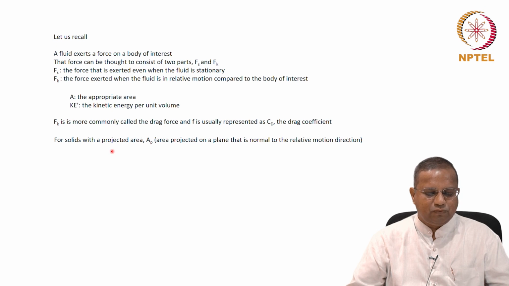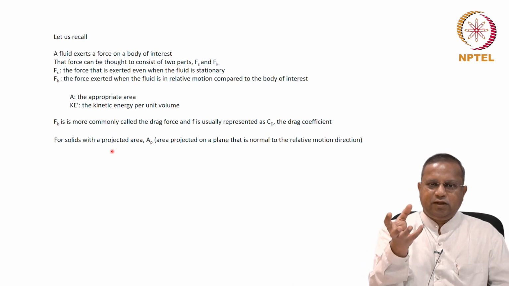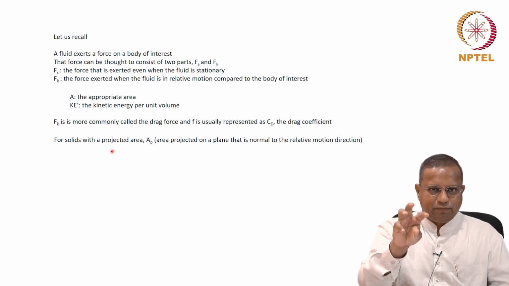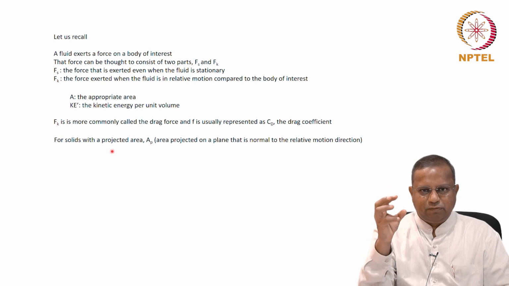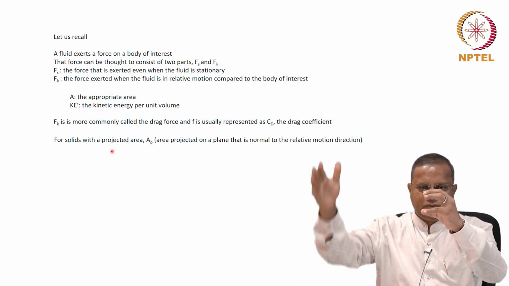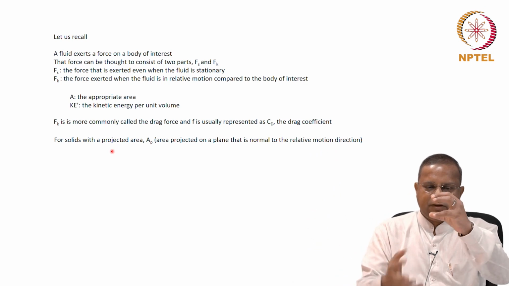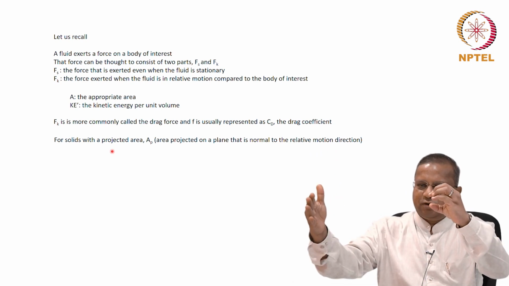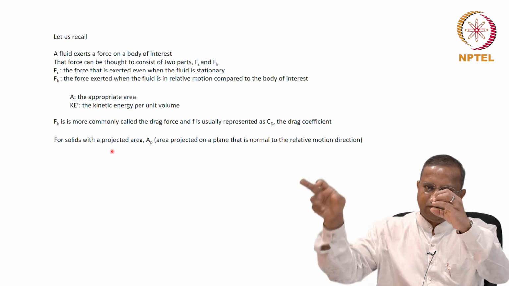For solids with a projected area of AP, what is projected area? You take a solid, it could be of whatever shape, let us take a sphere for simplicity. Then if you project the image onto a surface here, if it's a sphere, your projected area is going to be that of a circle.